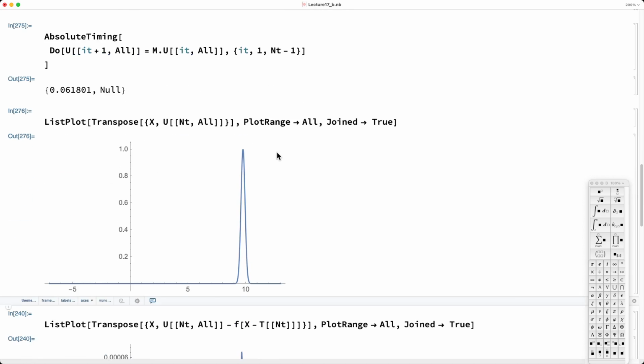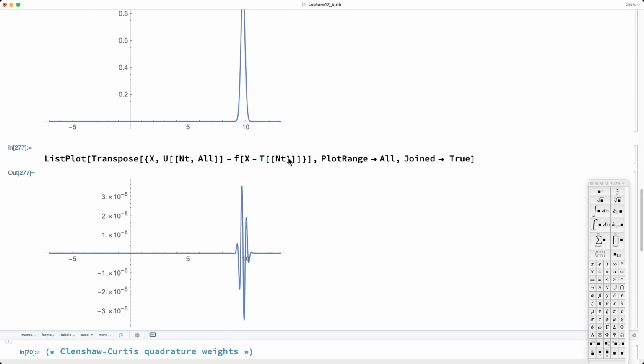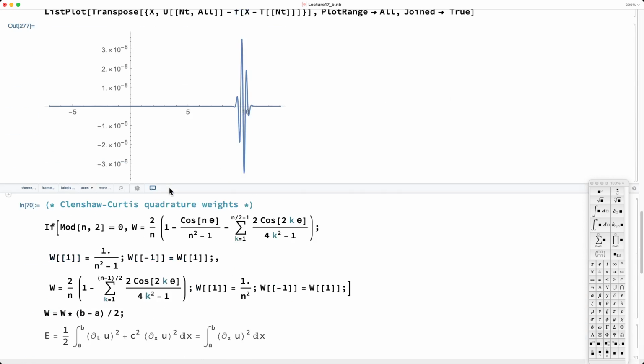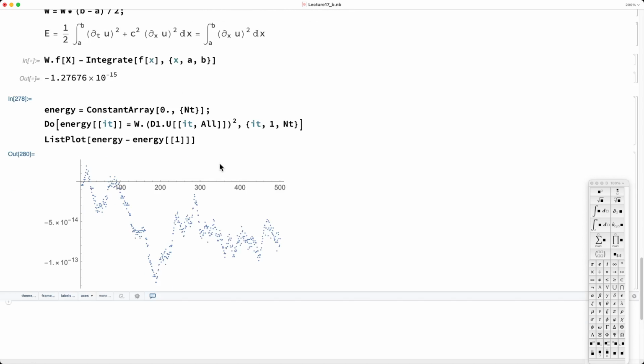It will get to the same point, but let's look at the accuracy now. Instead of 5 digits, we have 8 digits of accuracy. And the energy is conserved in the same or slightly better, to close to machine precision.